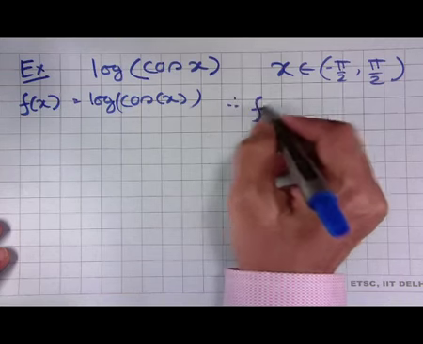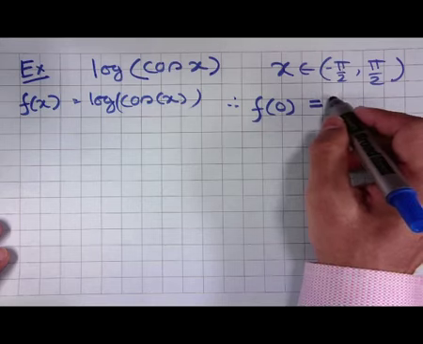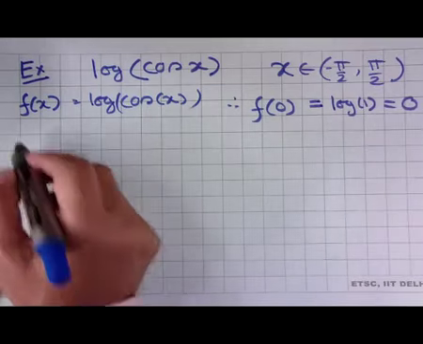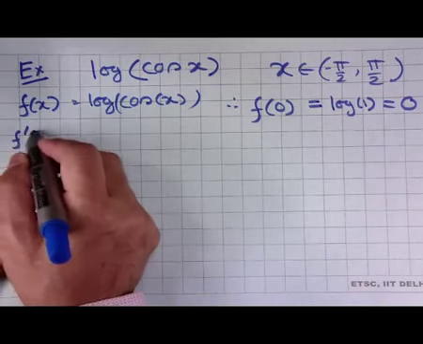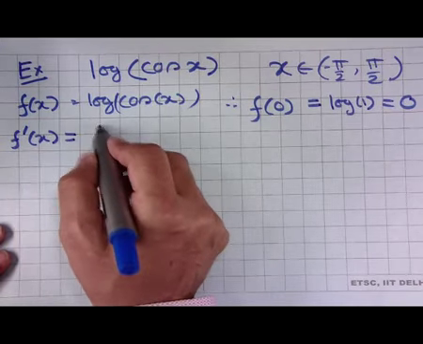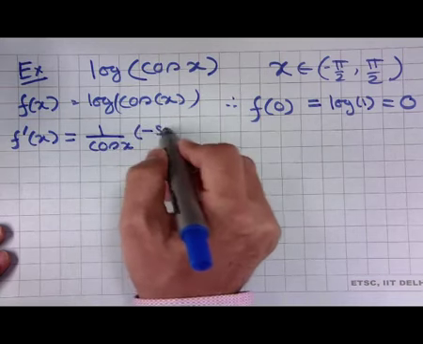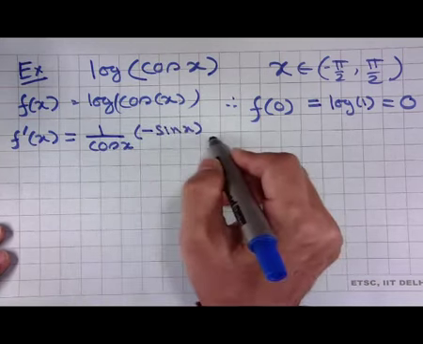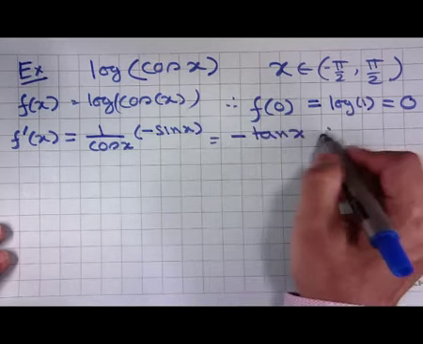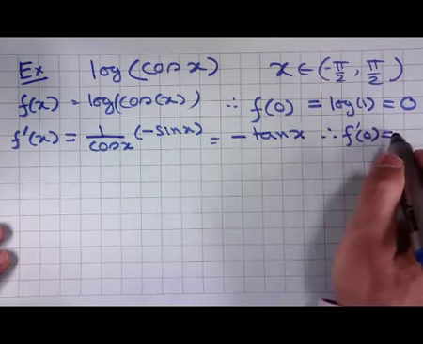Therefore, f at 0 is equal to log 1, which is equal to 0. f prime x is equal to 1 upon cos x into minus sin x, which is equal to minus tan x. Therefore, f prime at 0 is equal to 0.